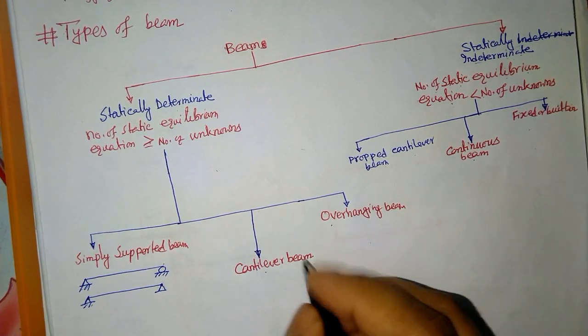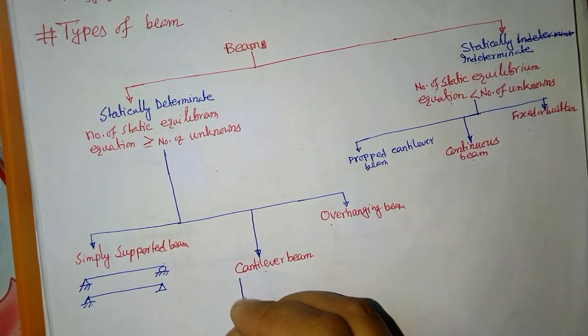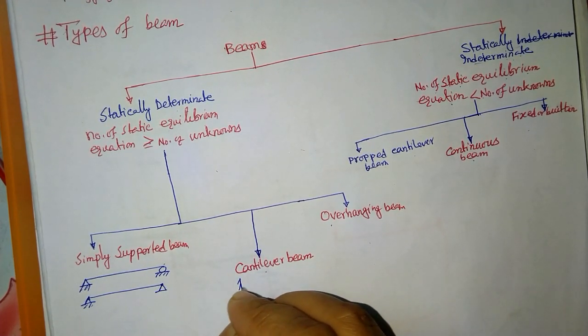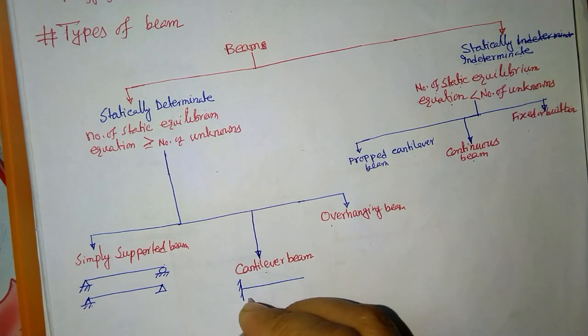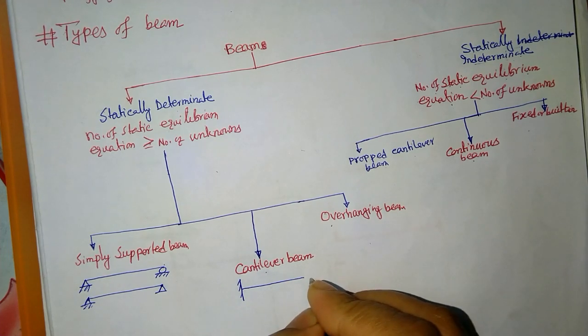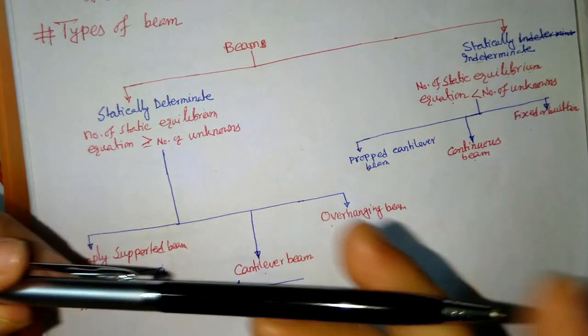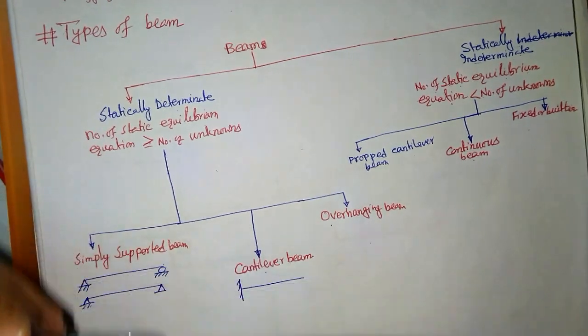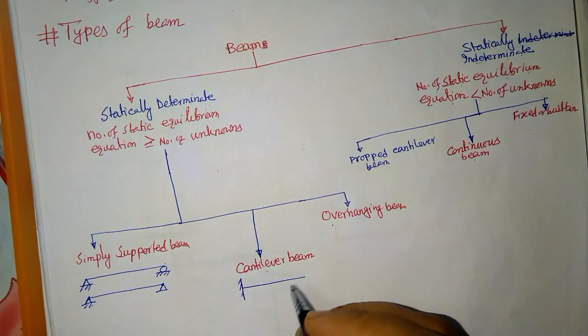Next we have the cantilever beam. In a cantilever beam, one edge or side is fixed, just built in, and the other is free. So this is our cantilever beam.